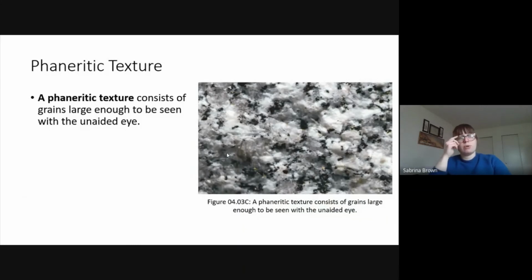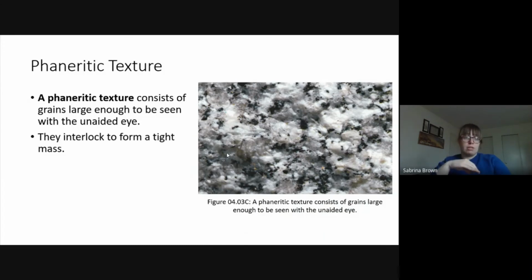On the other side of the coin is phaneritic texture, which is those coarse-grained rocks with really big crystals. These form intrusively underground and had a lot of time to cool. Phaneritic crystals are big enough to be seen with the naked eye, so you don't need a microscope to see them.